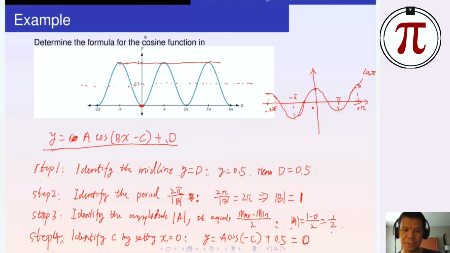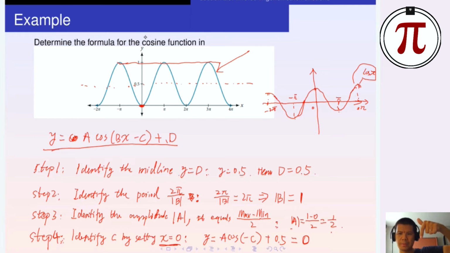So I sketched this graph here. By sketching this graph, you can see that from this cosine of x, at point 0, it goes through 0, 0. But the original blue curve has a minimum extreme value at point 0.